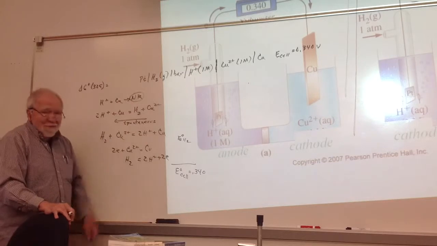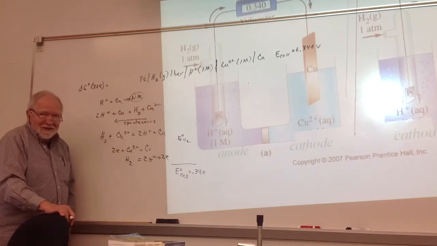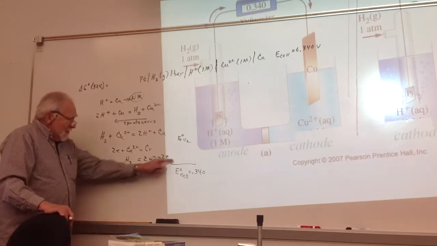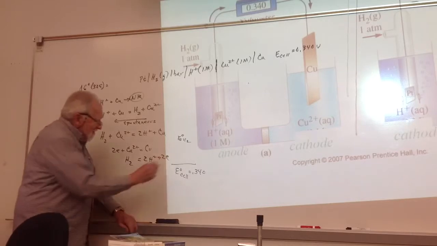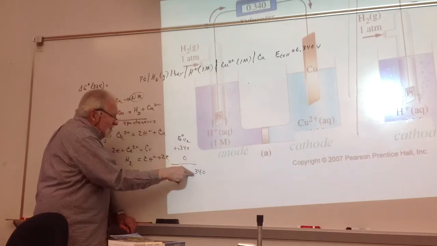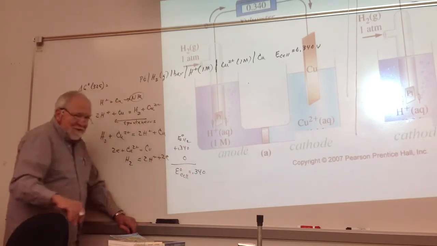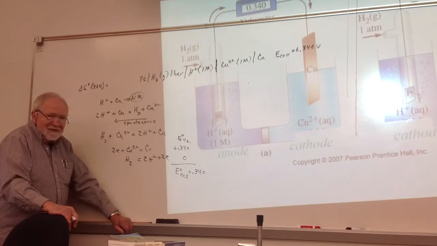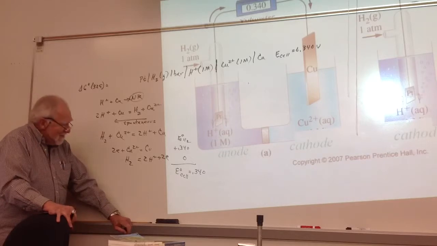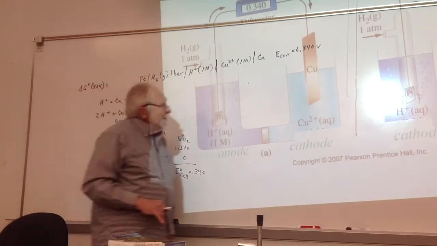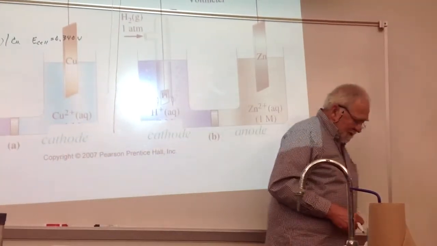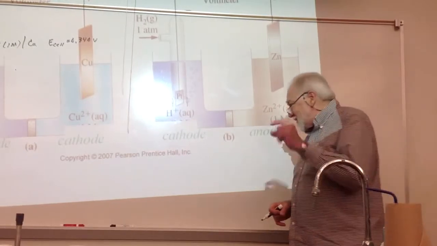E0 cell we measure at 0.34 volts. This is what for the hydrogen half cell? 0. I added these two, so I get 0.34 plus 0, which is 0.340. So far so good. Forget the negative up there, your cell, because all it says is you hooked your cell up wrong, and you always get positive numbers out of these things that are spontaneous.